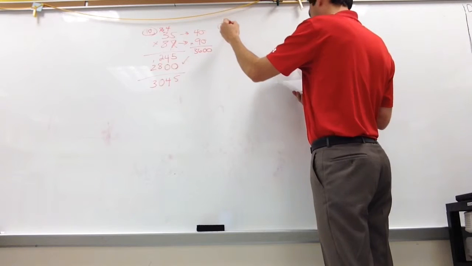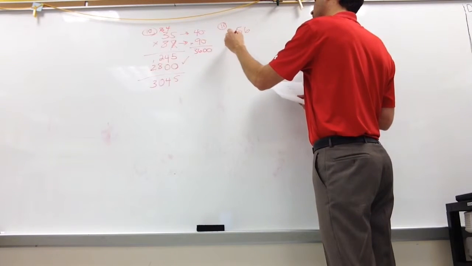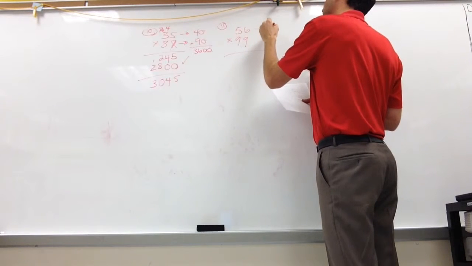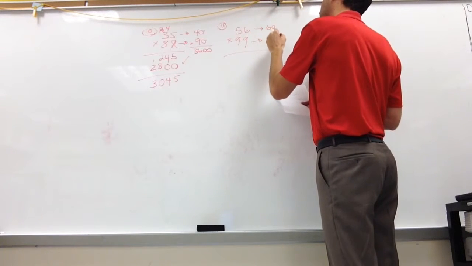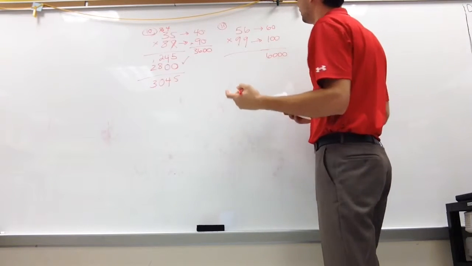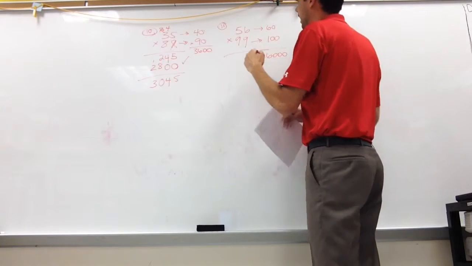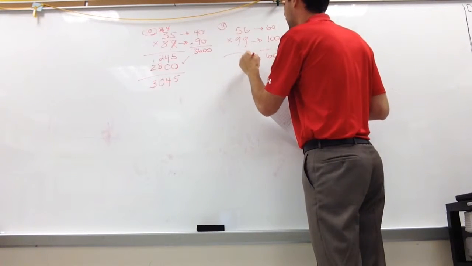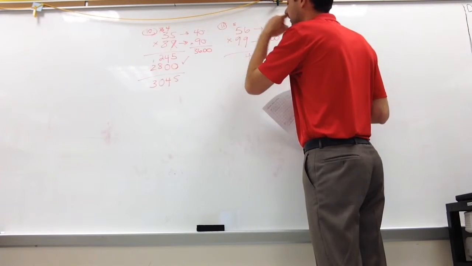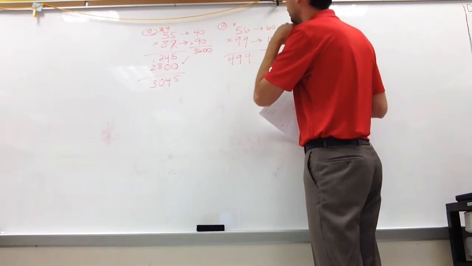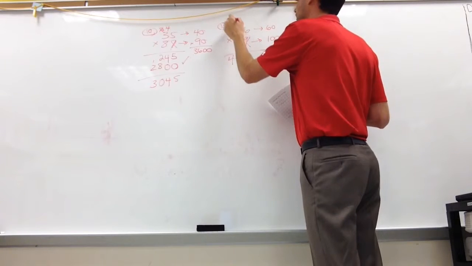Number 11, 56 times 99. So this is 60 and 100. So my answer will be around 6,000. Let's see here, 9 times 6 is 54, carry the 5, 9 times 5 is 45, plus 5 is 49, done here.